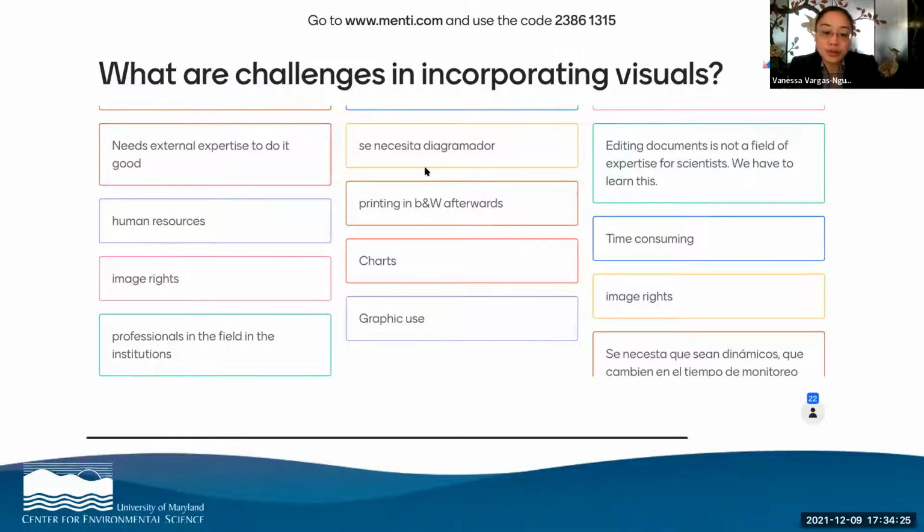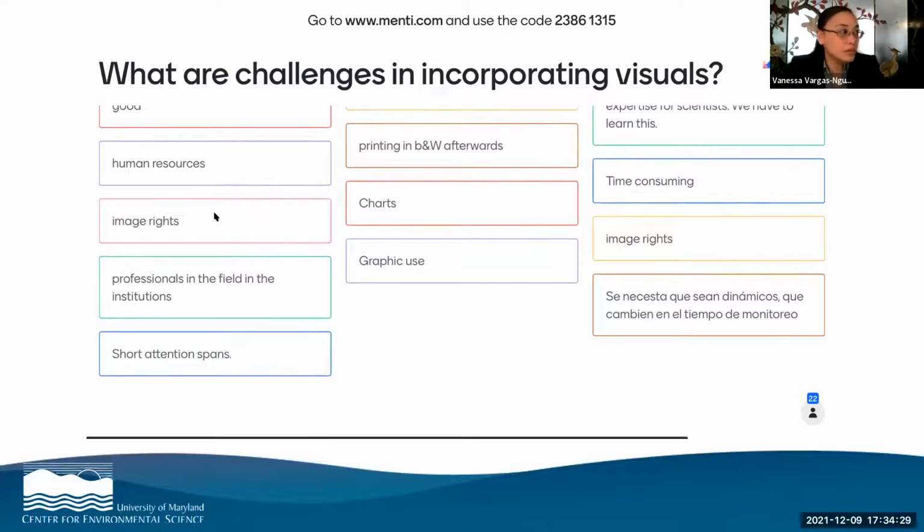So you know the best way on how you can communicate and explain them. Image rights, that's very important. Grabbing photos from the internet doesn't work. So you have to make sure that we have the rights to use images. Yep. All right, so thank you.